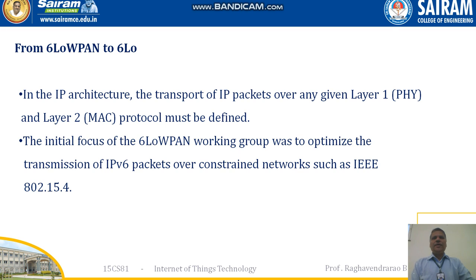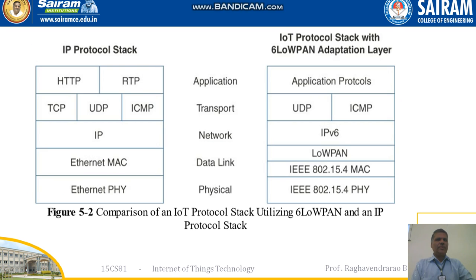In the IP architecture, for the transport of IP packets over any given physical layer, the MAC sublayer protocol must be defined. The initial focus will be on the 6LoWPAN working group, which has optimized the transmission of IPv6 packets over constrained networks such as IEEE 802.15.4, which is an IoT network.